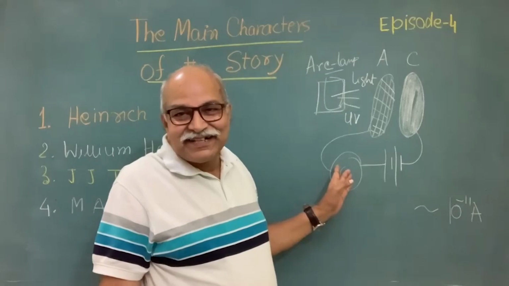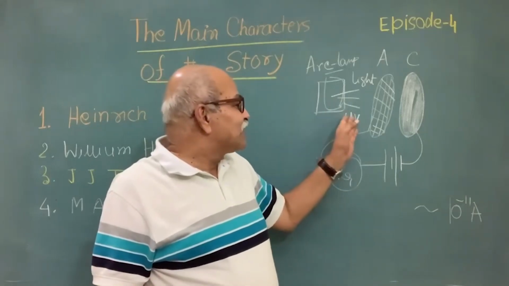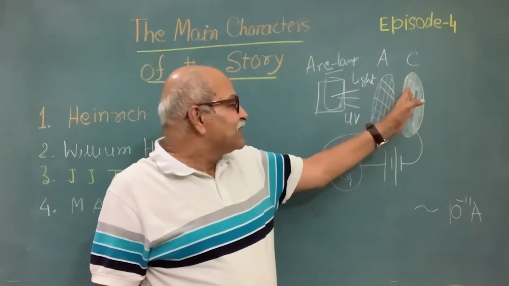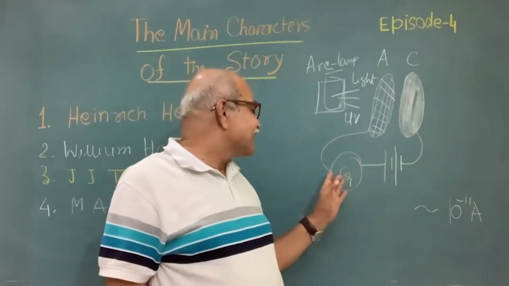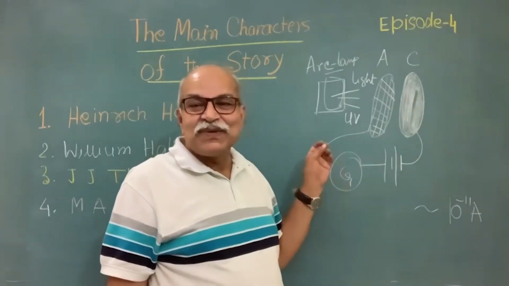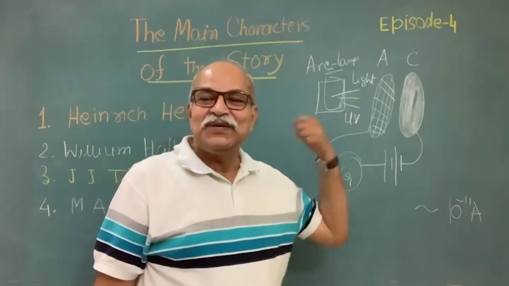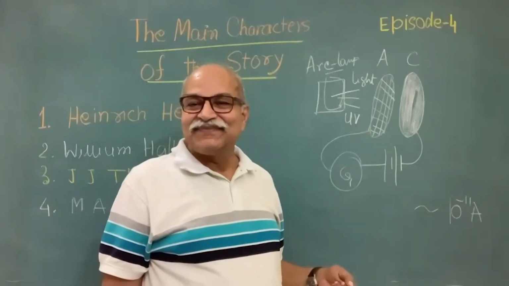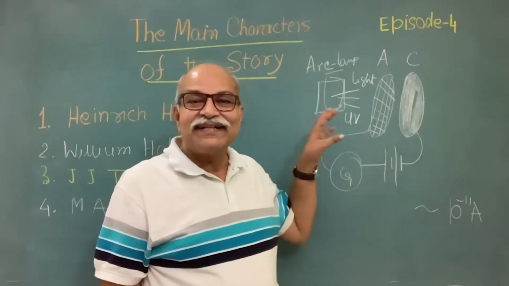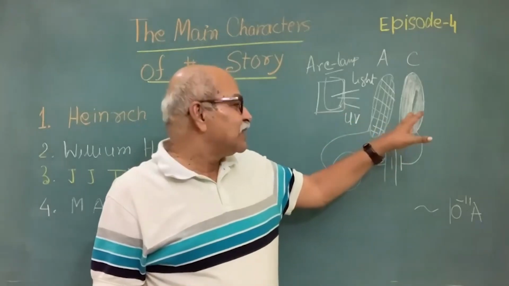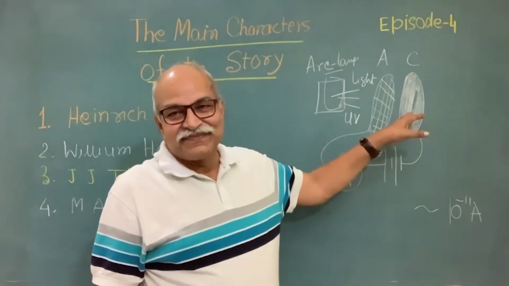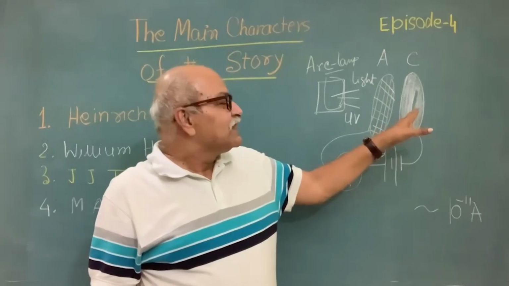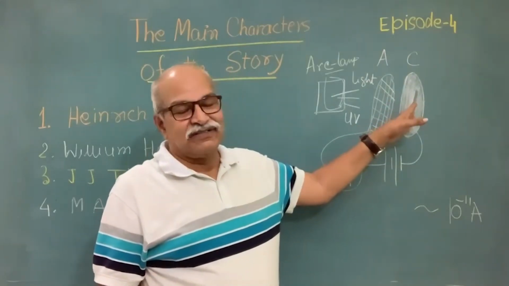That's the photocurrent. This arc has some UV component, and that UV component falls here, and then there is a current. Now we are calling it UV all the time. It doesn't mean that only ultraviolet can cause this kind of emission of electrons from here. It all depends on what metal it is.